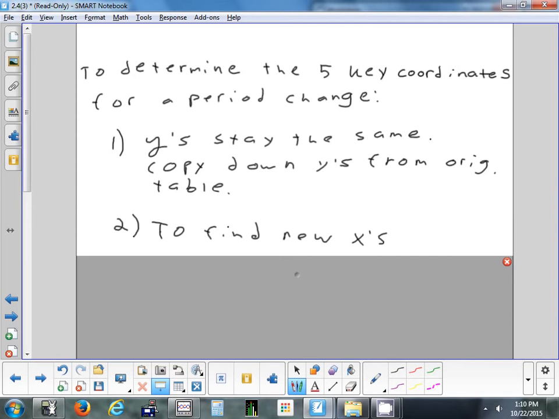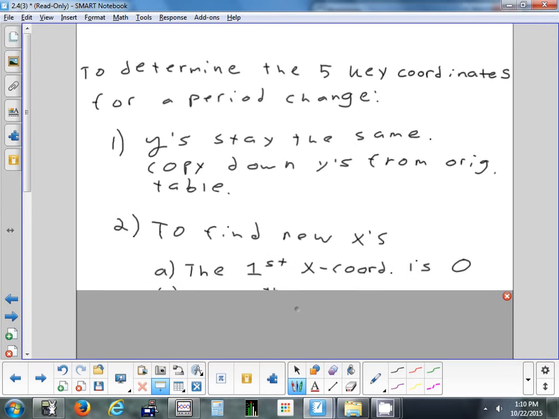So if you take 0 and you stretch it, okay, multiply it by a number. What happens when you take 0 and multiply it by a number? It stays 0. Okay? Or if you take 0 and compress it, multiplying it by another number, okay, it always stays 0. So no matter whatever you multiply 0 by, however you stretch or compress 0, it always stays 0. So the first x coordinate is always 0. Okay, that one won't change.